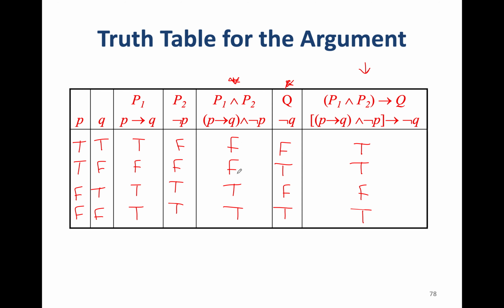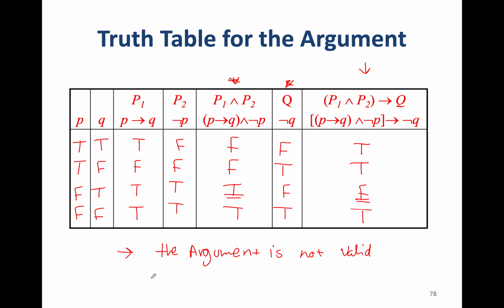False, true, it's okay. Here we've got this true, and here we've got false, which means that the argument is not valid, because I have true as the premises while the conclusion is false.